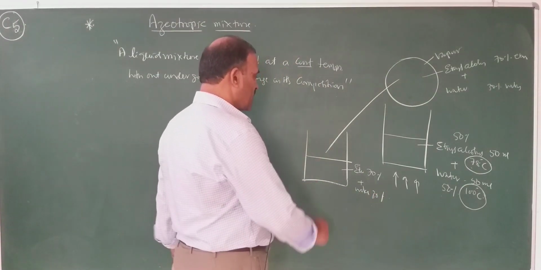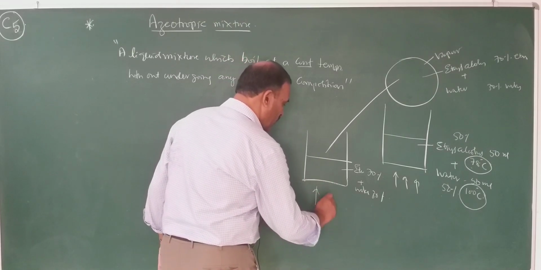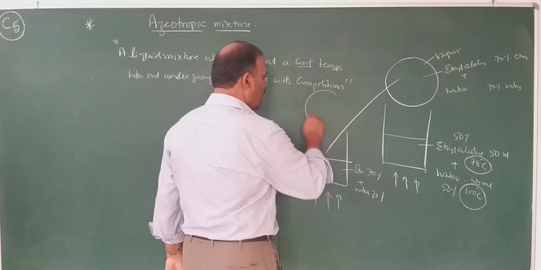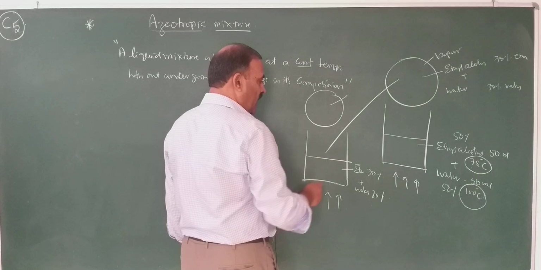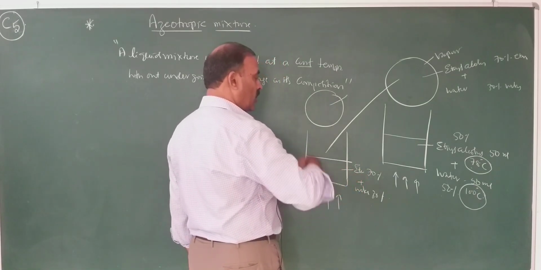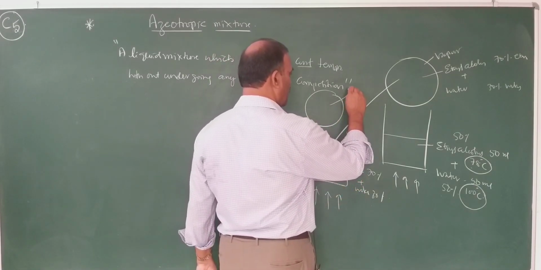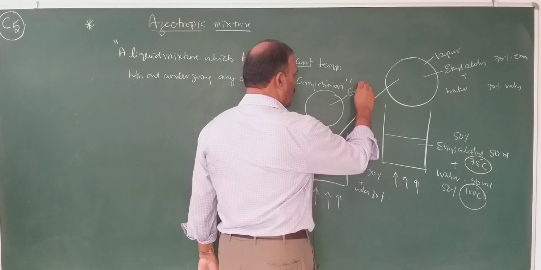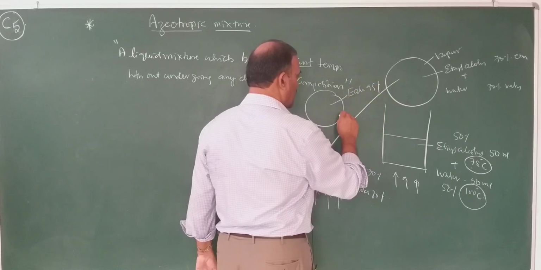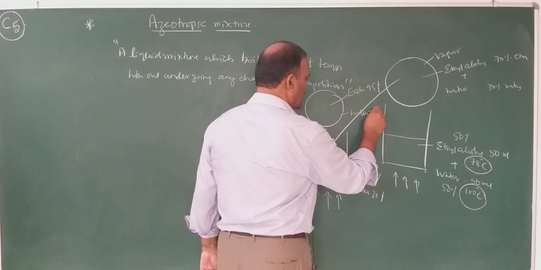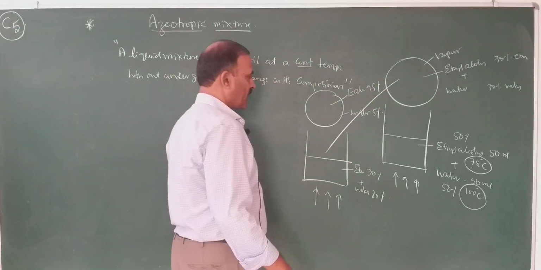When this liquid mixture is again boiled, you will get a vapor where the percentage of ethyl alcohol still increases. Say for example, ethyl alcohol 95%, water 5%.